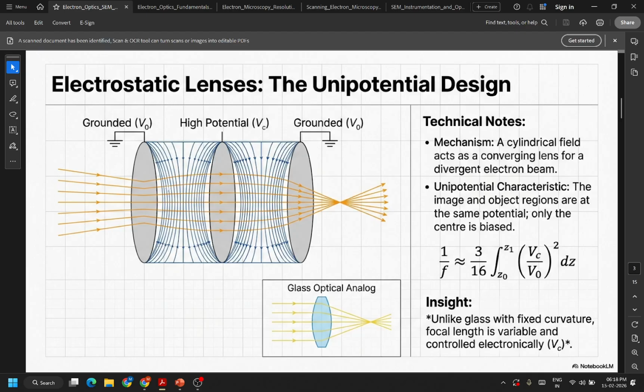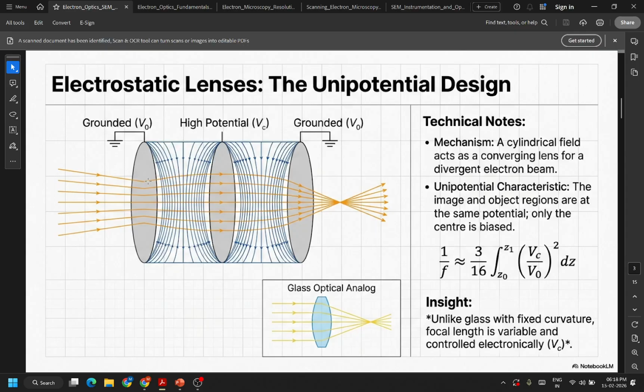Due to this, we use electrostatic lenses. This is a unipotential design where you have a ground region, and in the middle you have a high potential region. Electrons come inside this region.